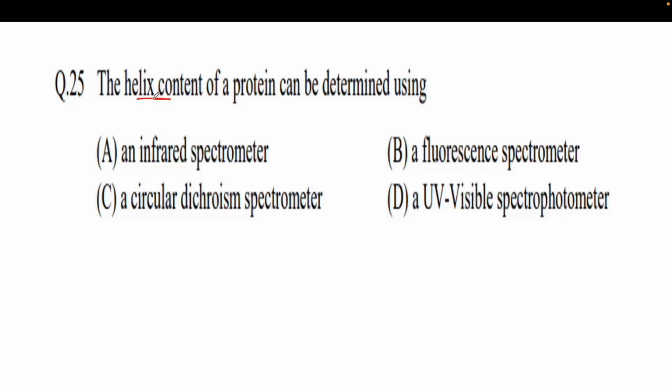In the previous slide we saw that the circular dichroism spectrophotometer is generally used for secondary structure identification of proteins, so this will be the correct answer. The infrared spectrophotometer is generally used for functional group and chemical bonding identification, whereas the fluorescence spectrophotometer is used for the location of fluorophore molecules inside a protein.